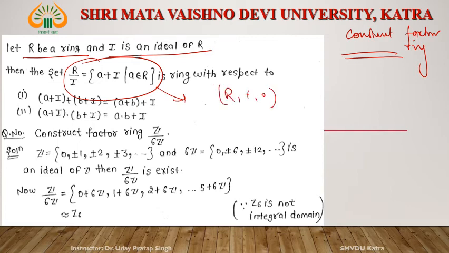Plus and dot. Plus is defined in this way, and dot is defined in this way. With respect to these two operations, R by I with plus and dot is a ring, and we call it the factor ring.